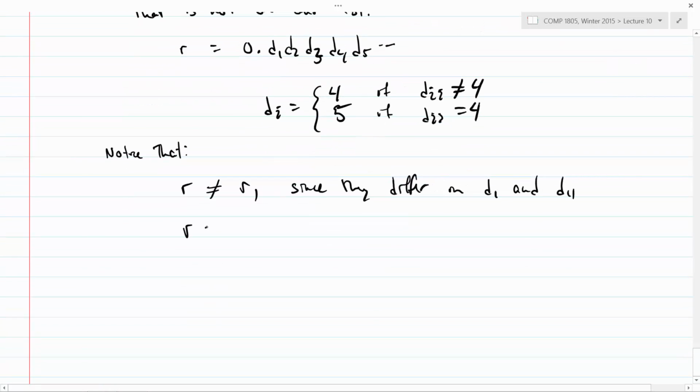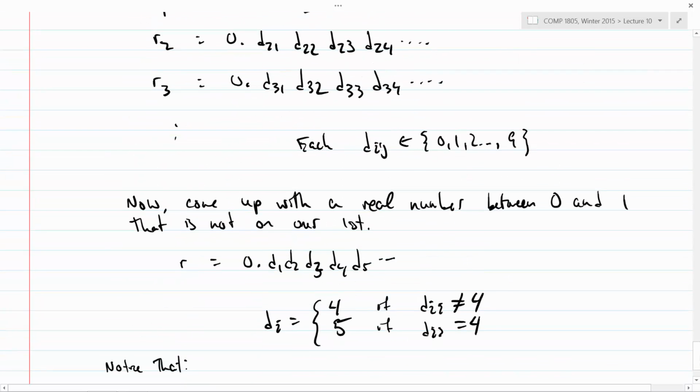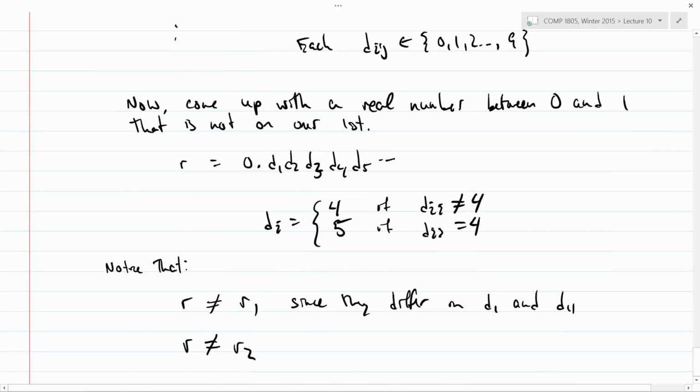R does not equal R2, because R2's second digit is D22. If D22 is 4, then D2 is 5. And if D22 isn't 4, then D2 is 4.